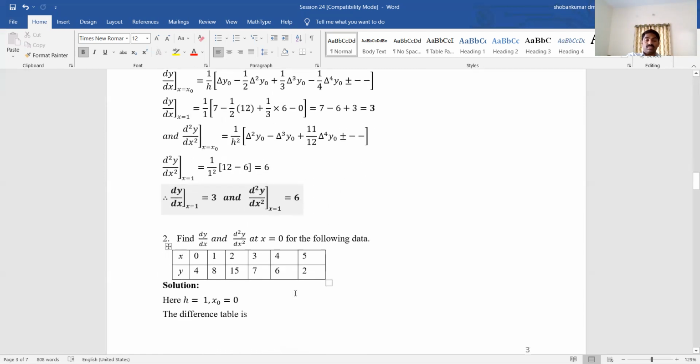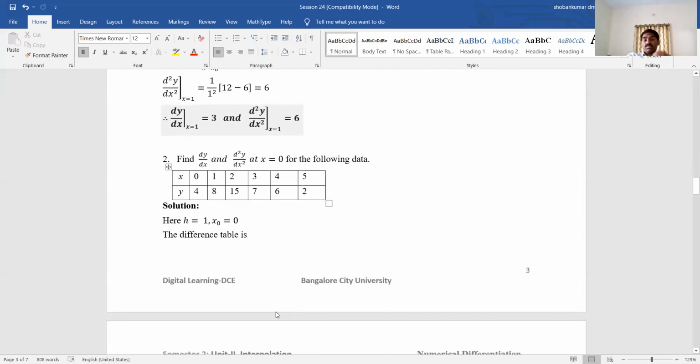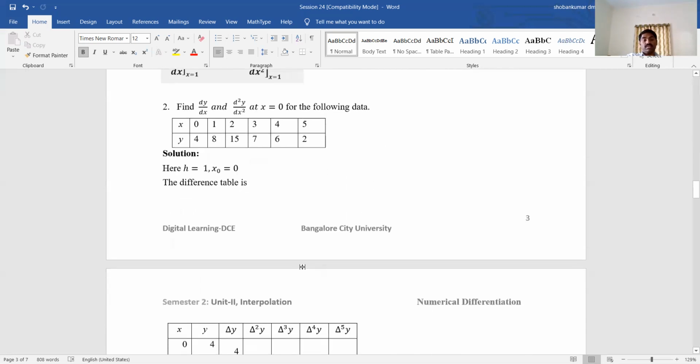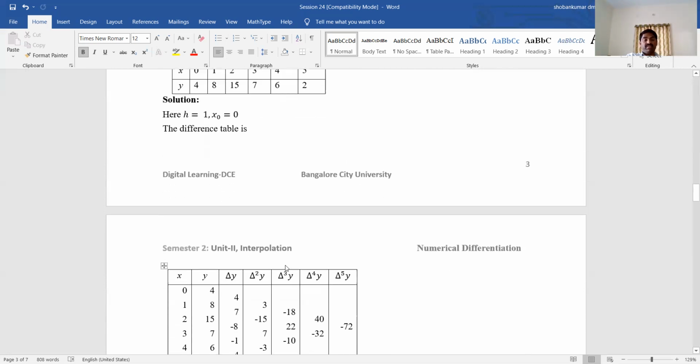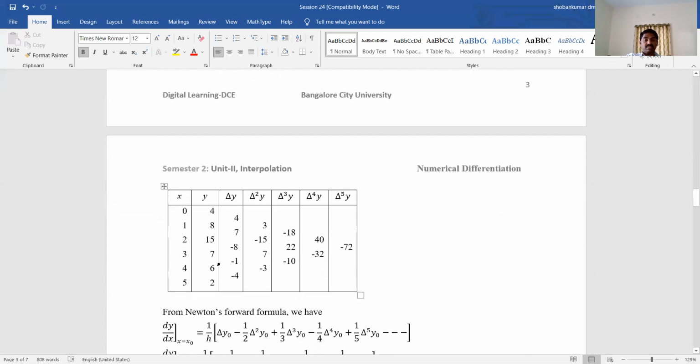Now another example: find dy by dx and d2y by dx square at x equal to 0, because here x naught is 0, for the following data. Here h is 1, x naught is 0. First construct a difference table of x and y. Here these are the leading forward differences.